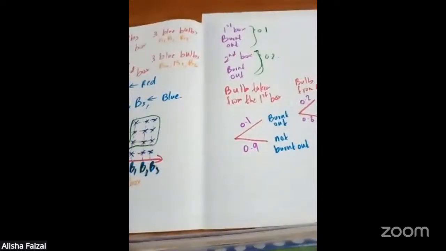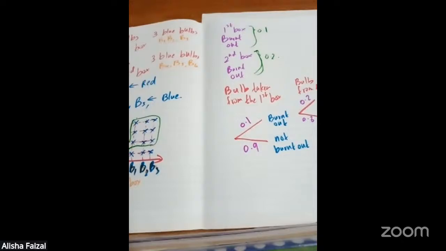Next one. Considering both the above mentioned events, find the probability of an examined bulb not being burnt out. We'll circle.